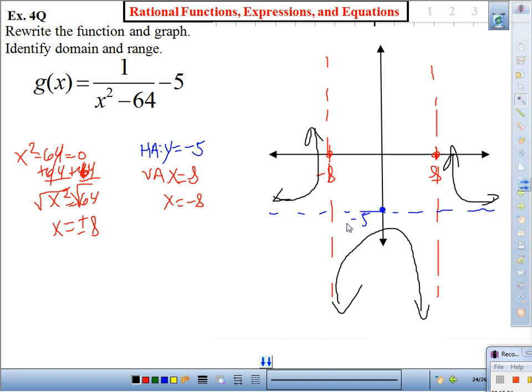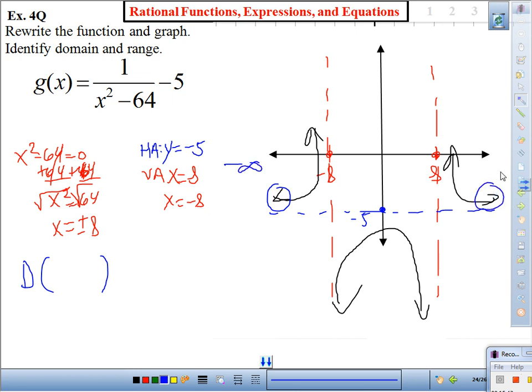Now, let's talk about domain and range, because this is like the first four of the home plate, yes? Domain and range. Domain. And I wanted an interval. So check this out. This arrow is pointing to the left. Is that correct? That means the x values are going to be going all the way to negative infinity.